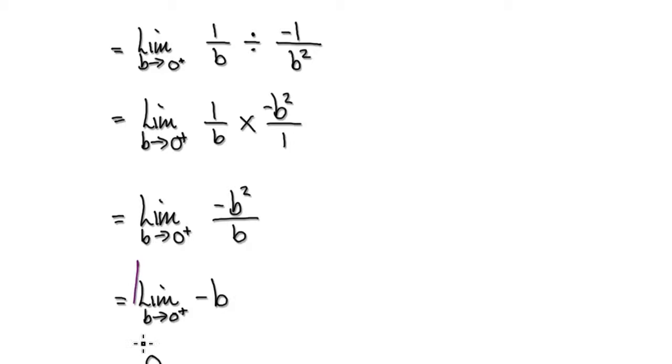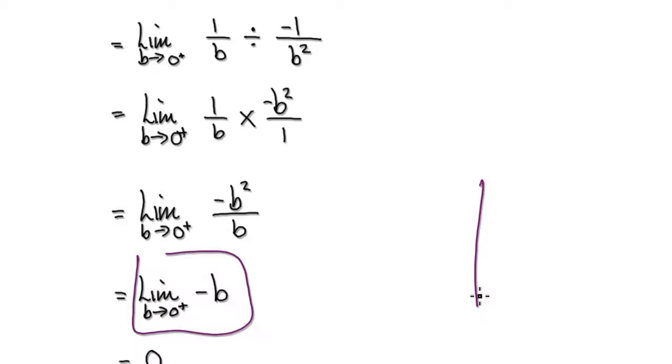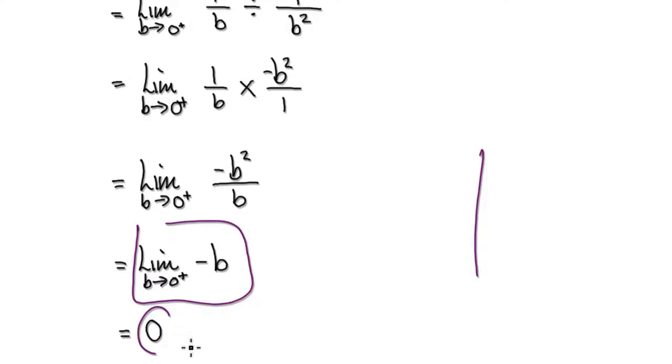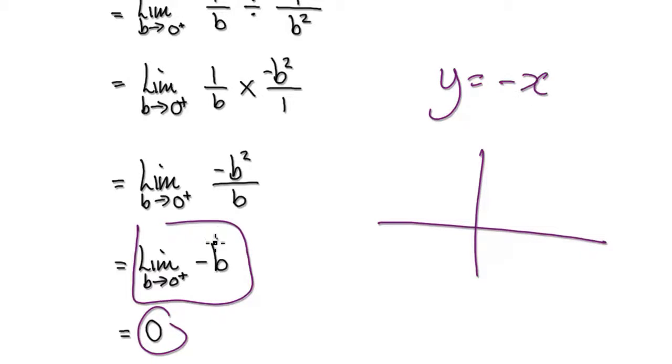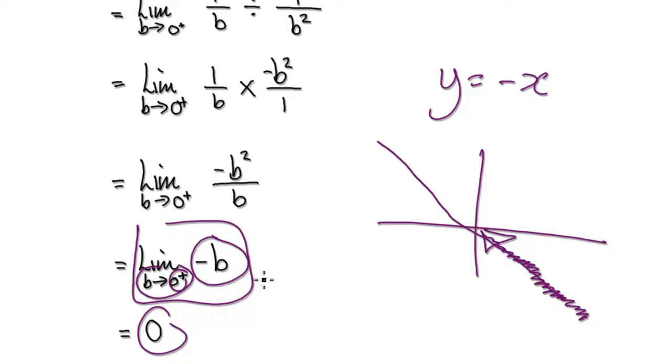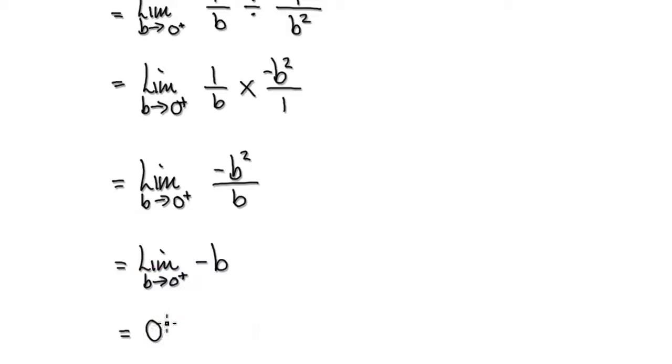Now, when you look at this, I hope you can clearly see it's 0. Picture the y equals minus x graph. As b heads towards 0 from the positive side, you can see that it's heading towards 0, and nothing breaks down. So it's legitimate. The limit is actually 0.